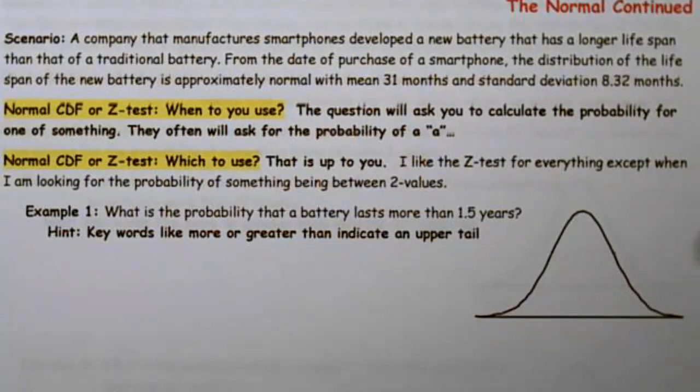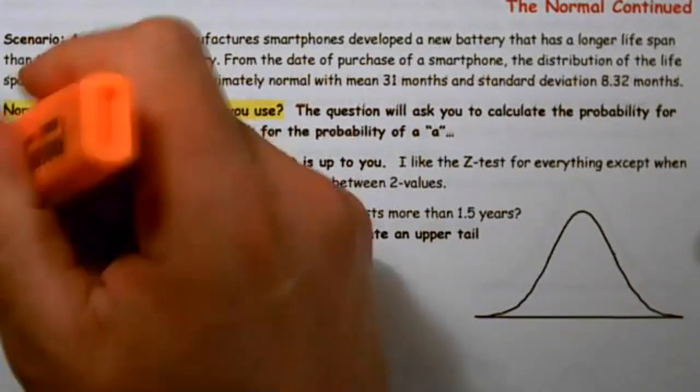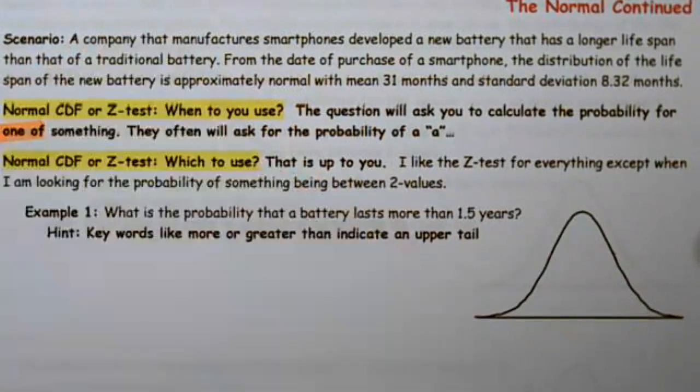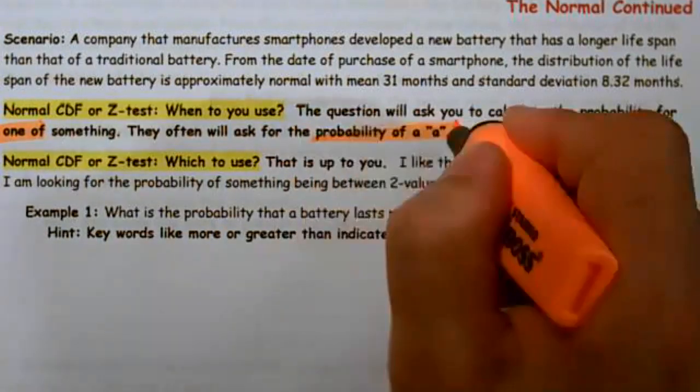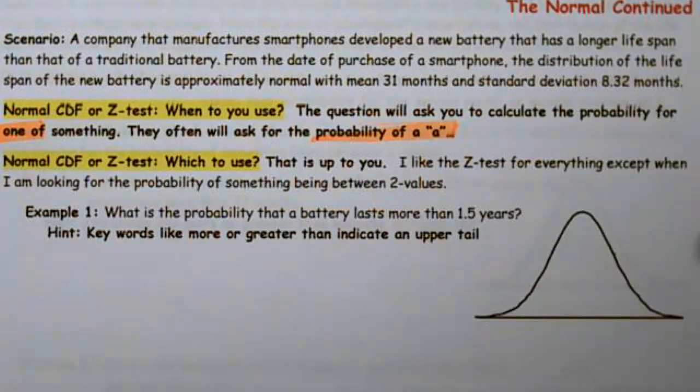Well, it will ask you to calculate the probability for one of something, and that keyword is one. So once again, I've told you the distribution is normal, and they want you to calculate the probability of one of something. And I'll also ask for what's the probability of an, and we know by English that that means 1.